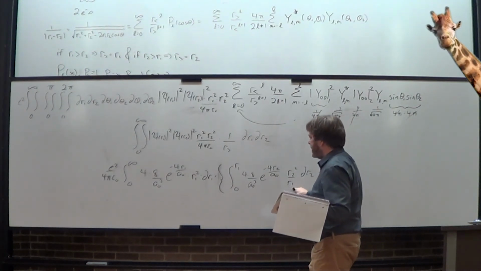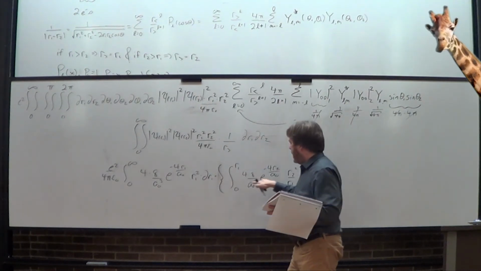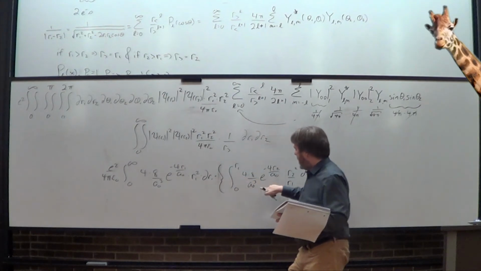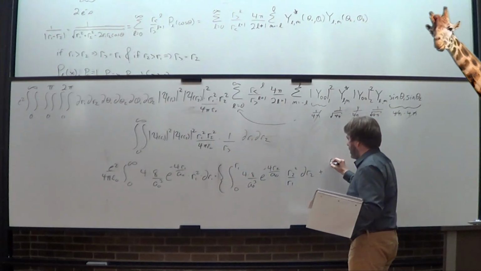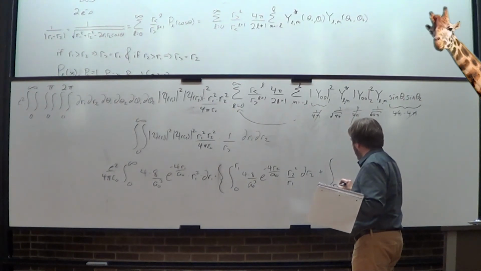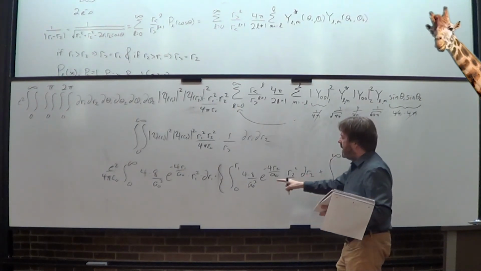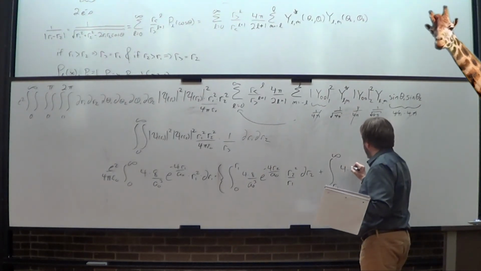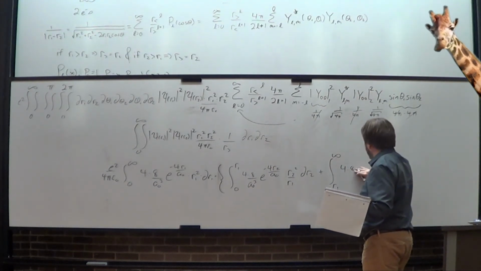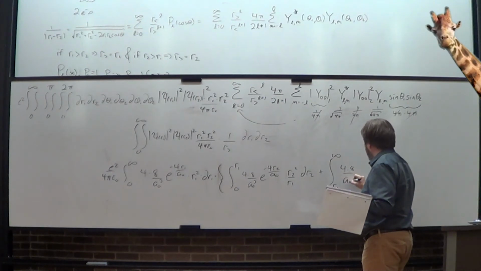When I multiply, I'm going to multiply this integral by this integral, and then this by this one. Then I'm going to integrate from R1 to infinity. You see 0 to R1, R1 to infinity. So I'm integrating all the way to infinity. I just broke up the integral in a very standard way.